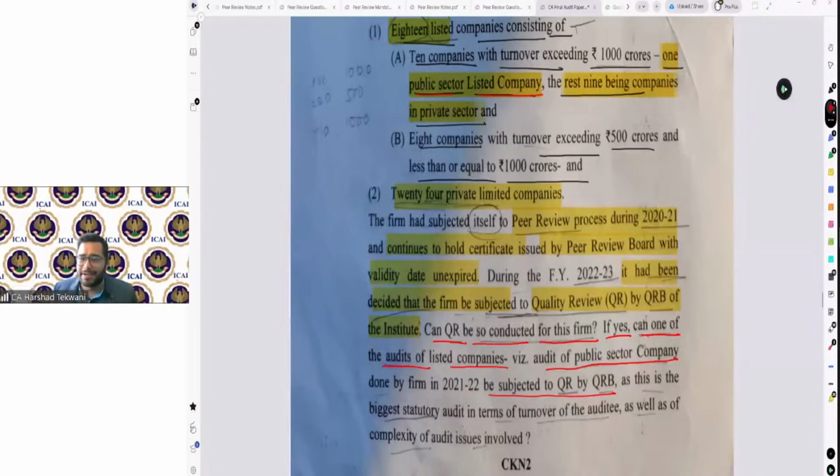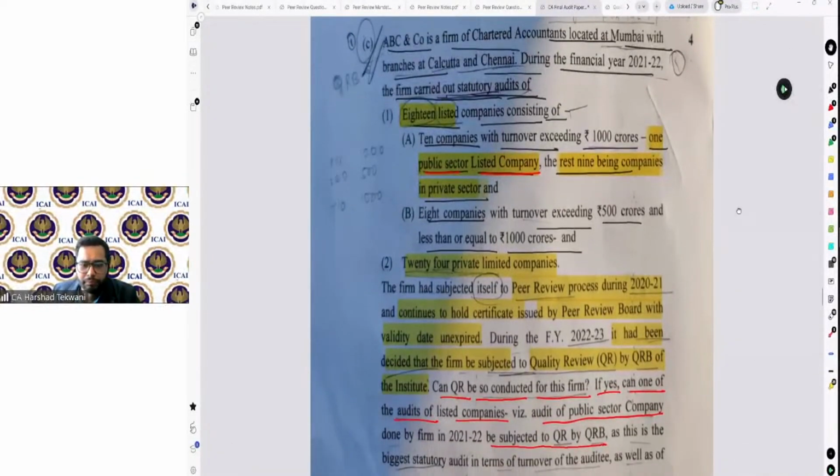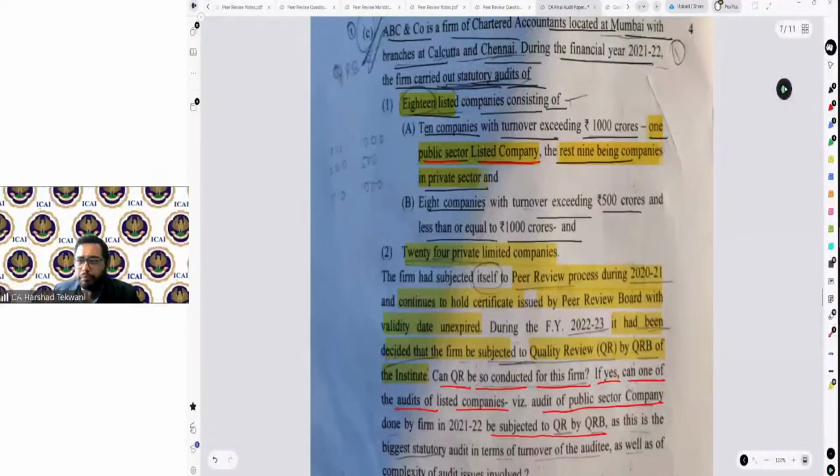Let's say, for example, you are sitting in yesterday's exam. This question has come across to you, like you are appearing in the exam. What will you answer? Two questions have been asked here. Can quality review be conducted of this firm? If yes, can I select audits of listed company? Very good question, I would say, and very important question also. Come on, guys.